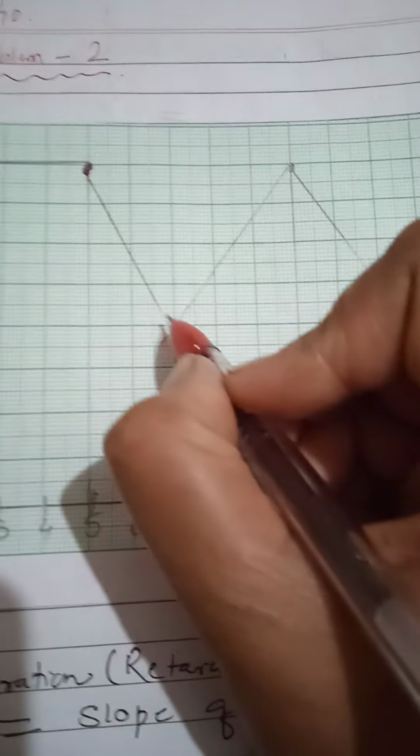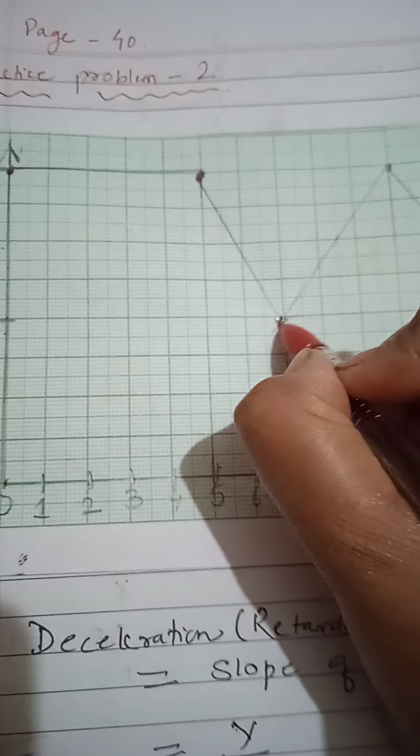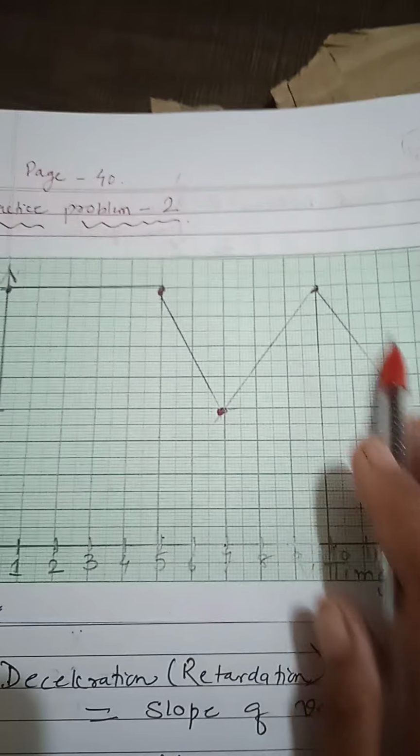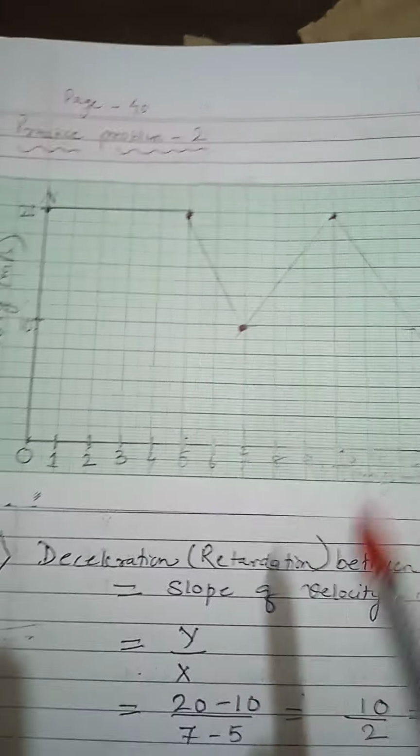This is your 7, and this one is your 10. Then 10, 20. This is the value 10, and this one is the 20. Then 15, 0. This is the 15 and the velocity will be 0. Then join all the points, and you will get the nature of the graph like this.